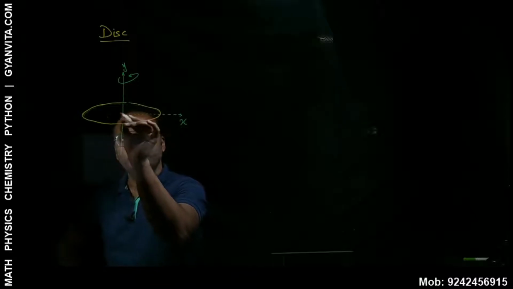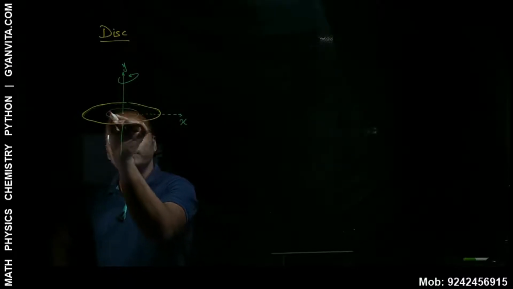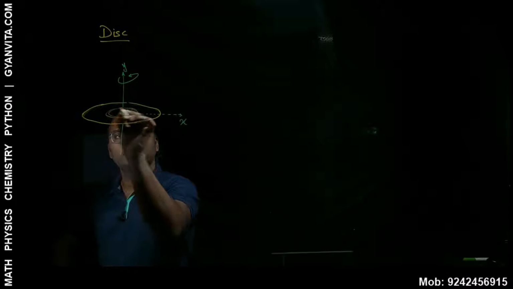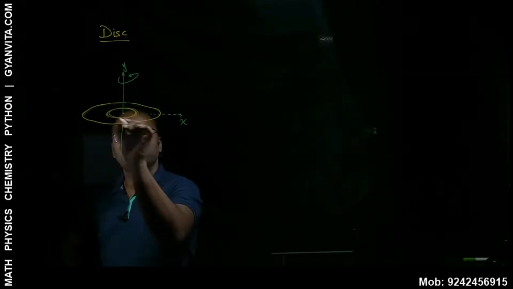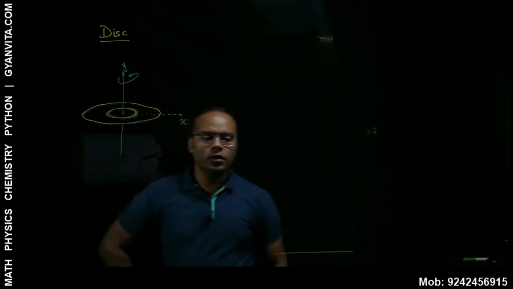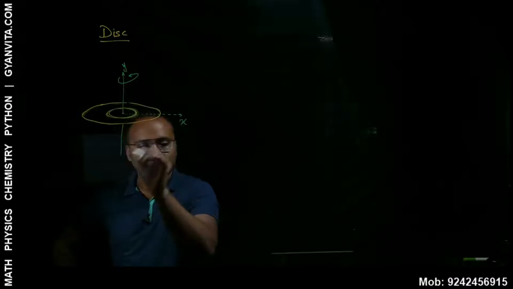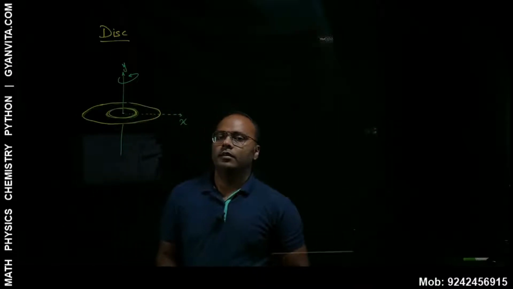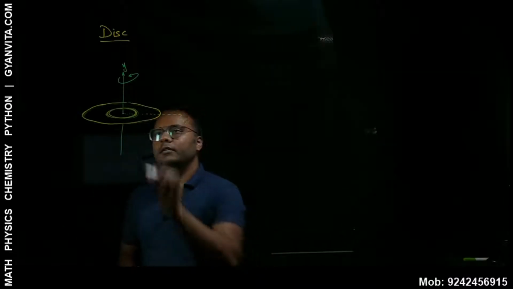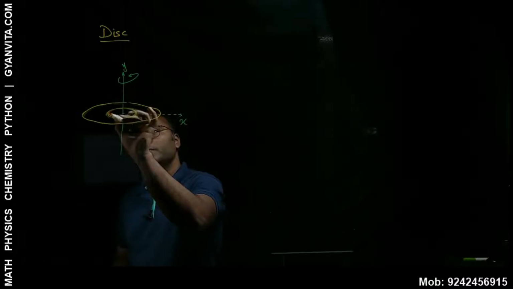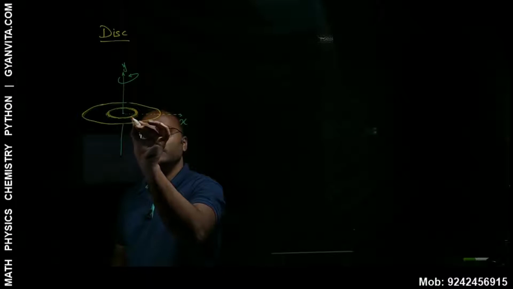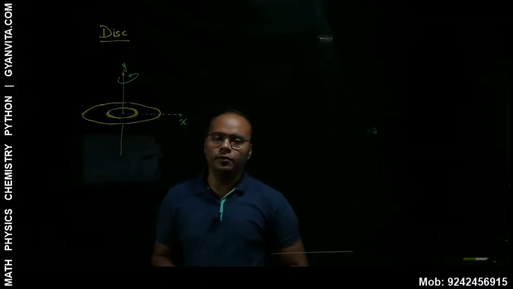We take a very small element like this, of some thickness, situated somewhere on the disk itself. It's a portion of the disk, and we have to find the moment of inertia of this.